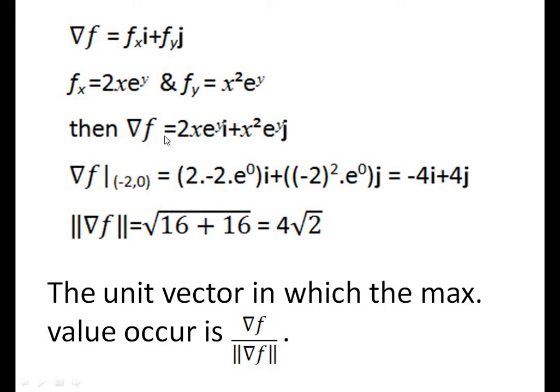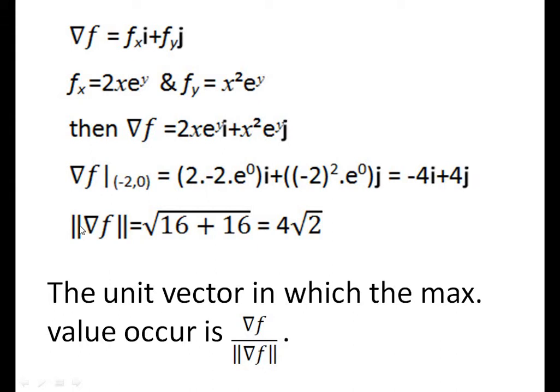Then we get del f equal to 2x e raised to y i cap plus x squared e raised to y j cap. Then the value of del f at the point (-2, 0), substituting -2 for x and 0 for y, is equal to 2 into -2 into e raised to 0 i cap plus (-2) squared into e raised to 0 j cap, that's equal to -4i plus 4j.